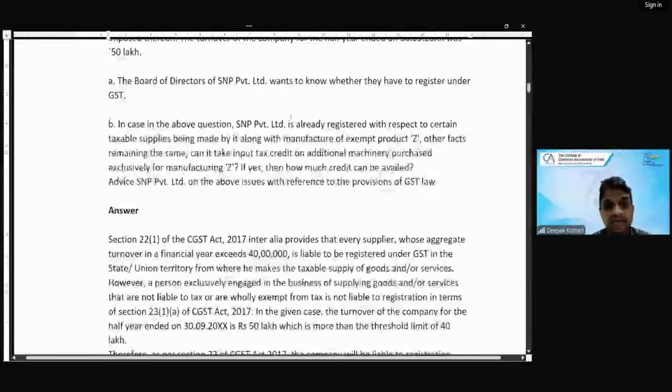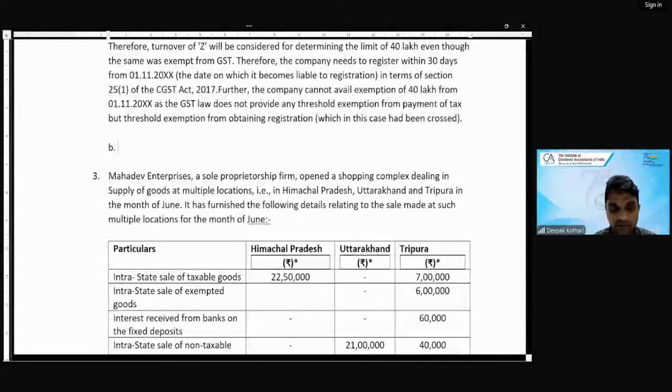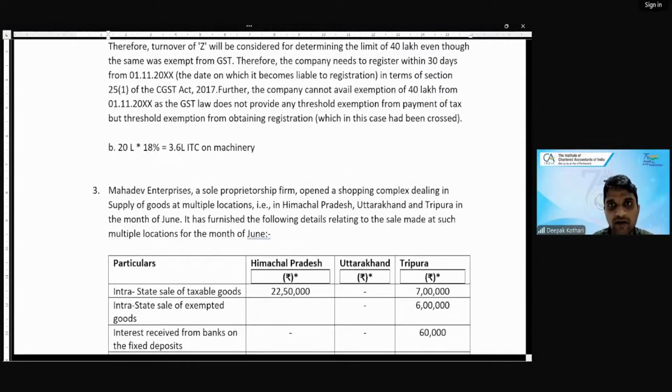So I'll just mention it here on question number B. 20 lakhs into 18% is how much? 3.6 lakhs. Correct? Now, this is the ITC on machinery. So when did he buy? In July, 1st July. July, August, September, to 30th September is one quarter.